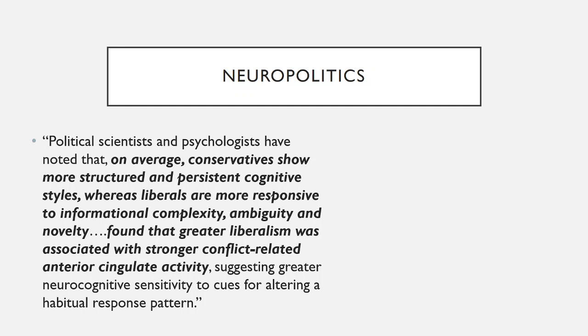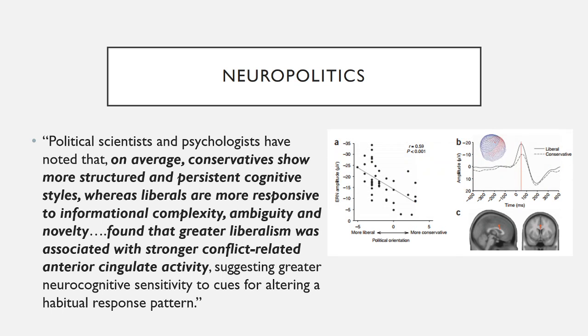So this particular paper, after it was published, did get a fair amount of mainstream attention, and it was kind of misinterpreted, and it was taken the wrong way. The crux of this article, including some of the data depicted here to the right, but you could read from the abstract there on the left, is that on average, conservatives show more structured and persistent cognitive styles, whereas liberals are more responsive to informational complexity, ambiguity, and novelty.